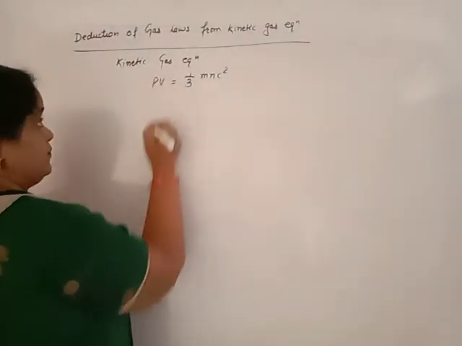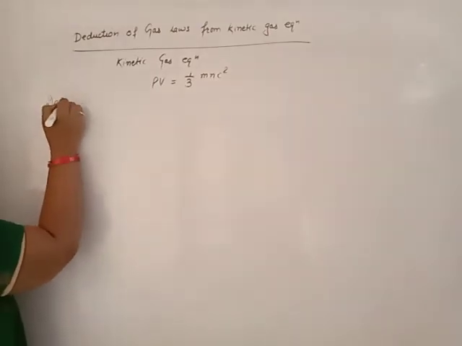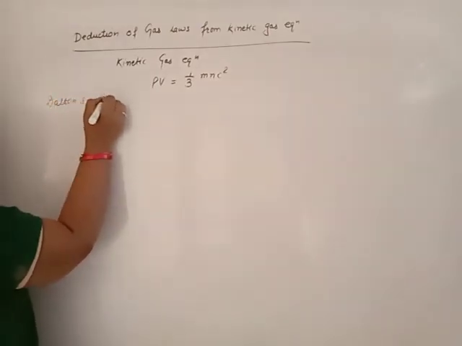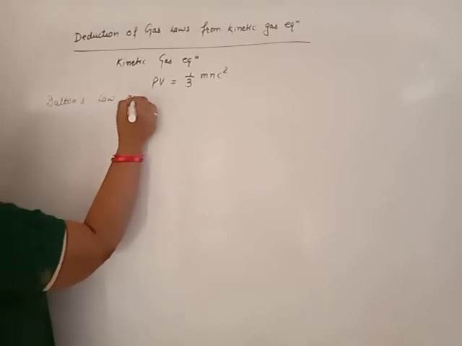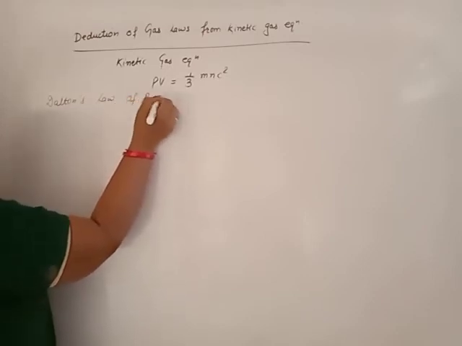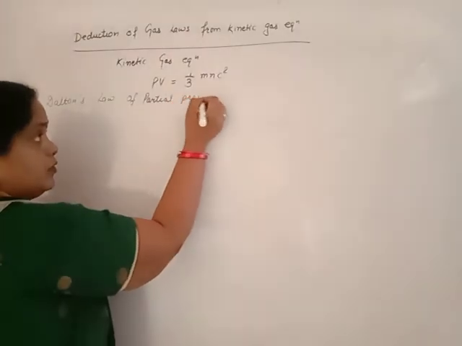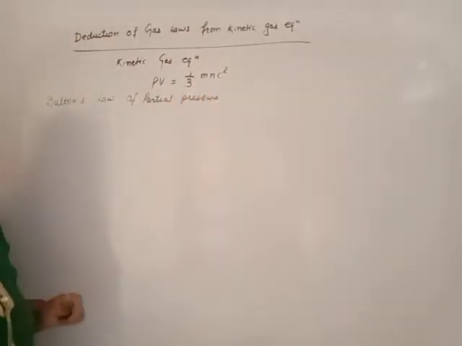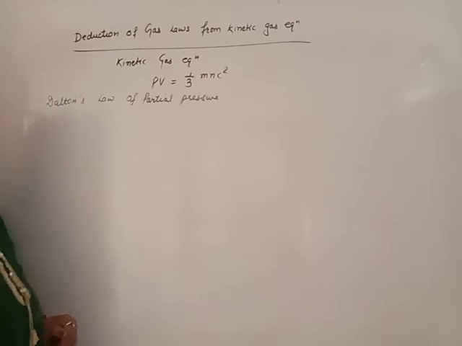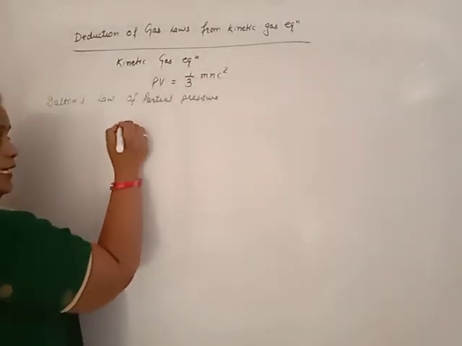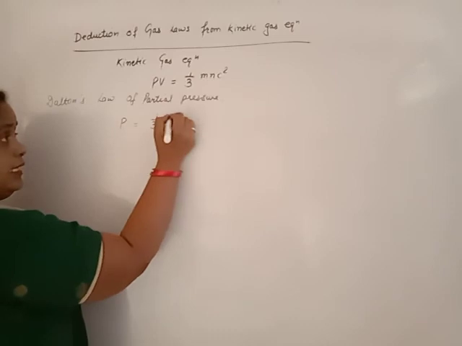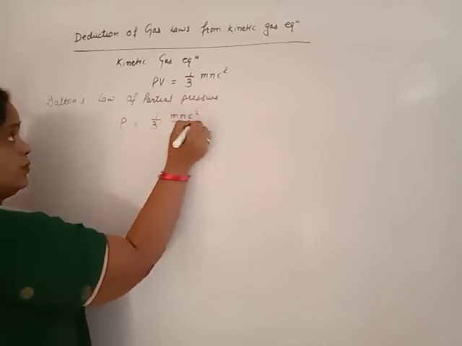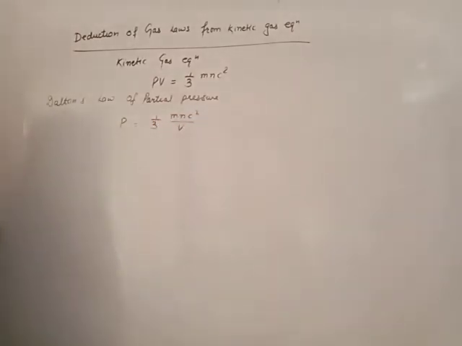In the case of Dalton's law of partial pressure, as the name indicates, we want to calculate the partial pressure of each gas present in a gaseous mixture in which none of the gases is chemically reactive. We derive the equation as P = 1/3 mnc²/V. Suppose the gaseous mixture contains two gases.